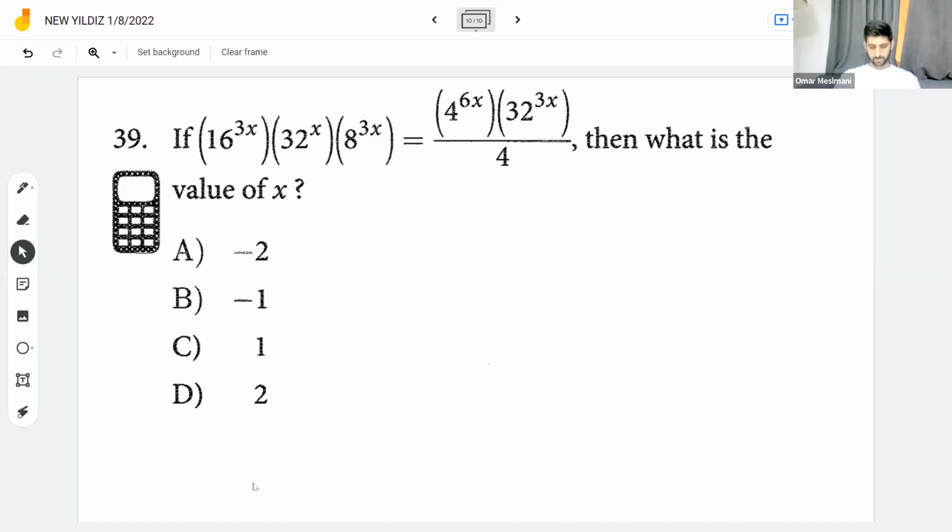Because it's a long equation, my calculator is stuck. I put everything, I put shift solve, and it's not giving me the answer. Okay, then don't use shift solve. Try to take all the exponents. I can use a calculator? Yes, you can. Do you see the calculator sign?